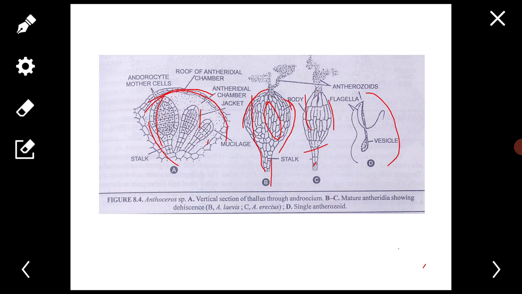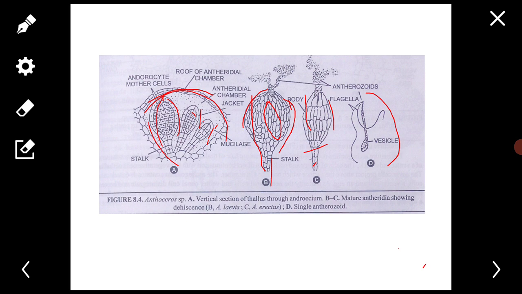Usually different stages of antheridial development can be observed in a single androecium, that is mature or near mature, and young. The antheridium which matures first comes to lie in a central position, surrounded by young antheridia all around.